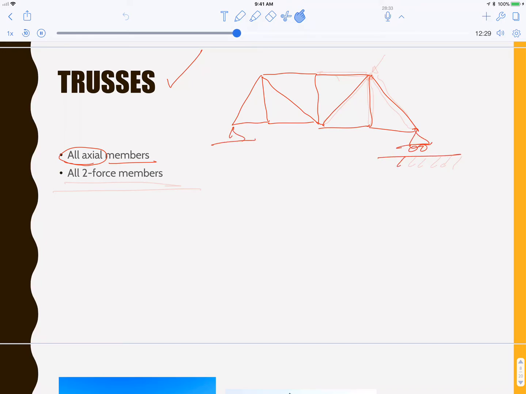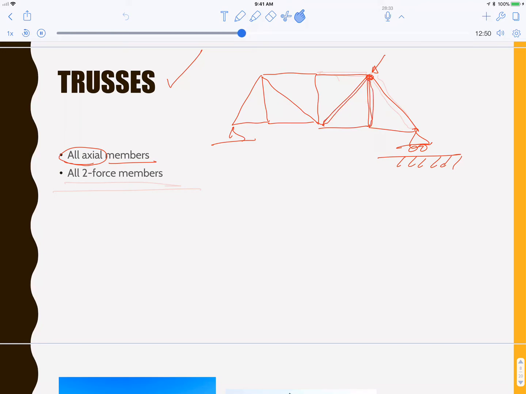Well, the reason they're stable is that when you make a triangle and you put a force at the node, that will be concurrent forces, and everything in there will be a two-force member. Remember we talked about that? Two-force members.